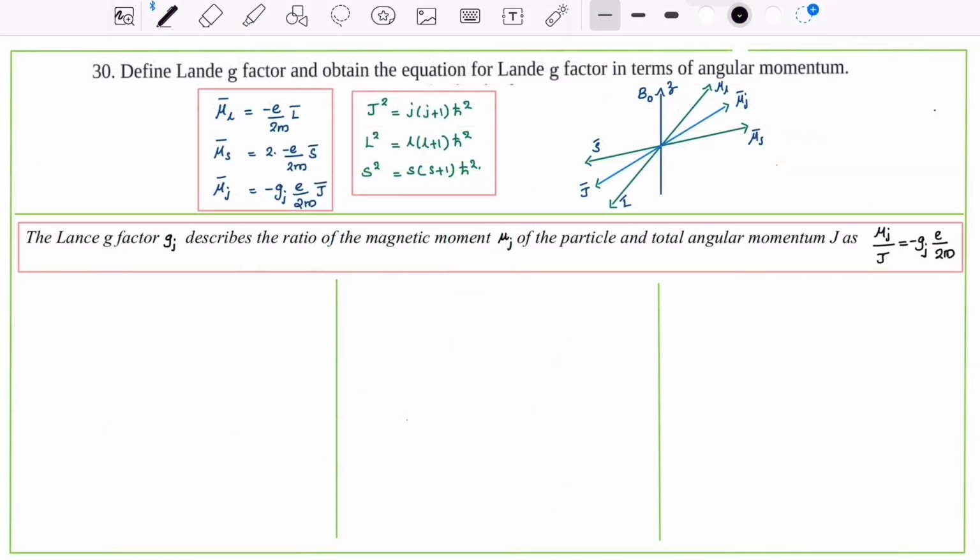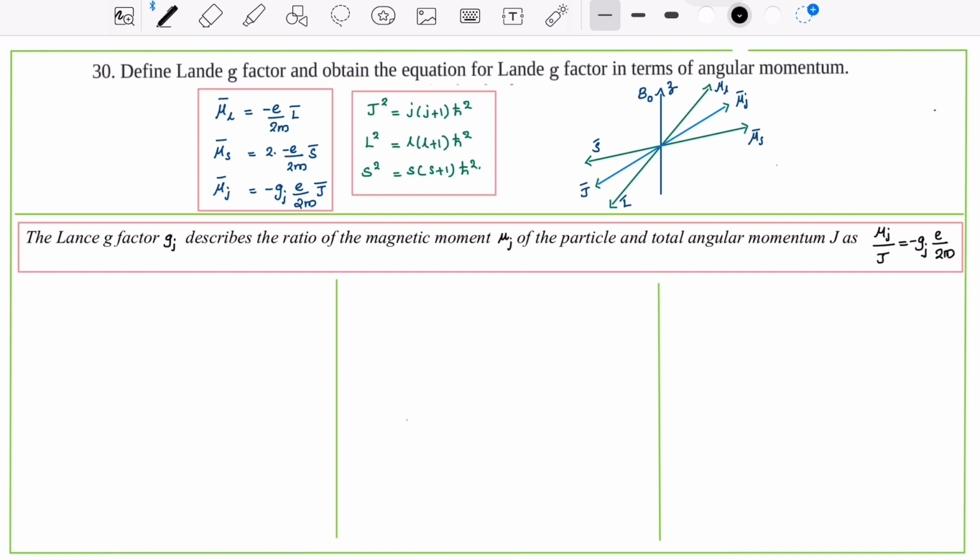The next problem is to define the Landé g factor and obtain the equation for the Landé g factor in terms of angular momentum. The Landé g factor gj describes the ratio of the magnetic moment mu j of the particle and the total angular momentum j as mu j by j is equal to minus gj e by 2m.